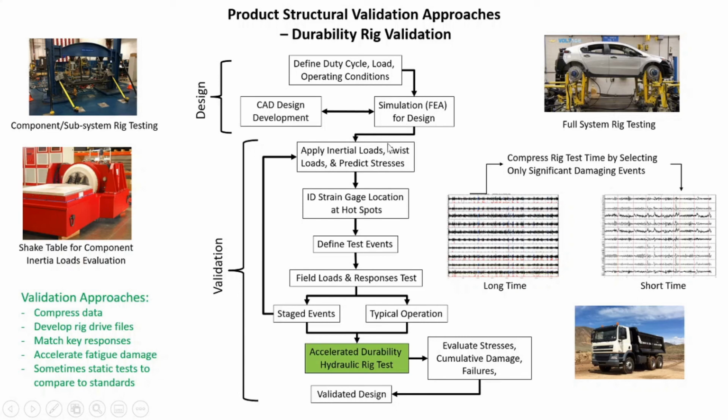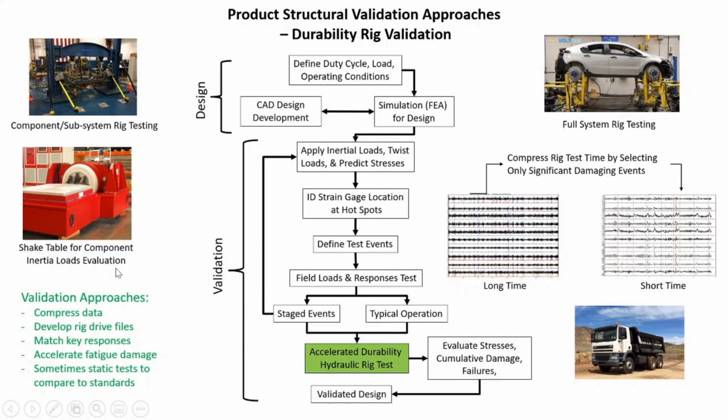And one other thing should be mentioned as well is shake table testing. Now, everything here we're talking about is hydraulic rig testing, either for a complete system or some subsystem or component. But sometimes shake tables are used to essentially apply inertial loads.